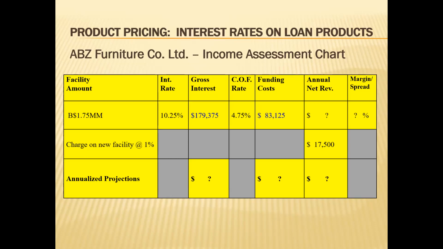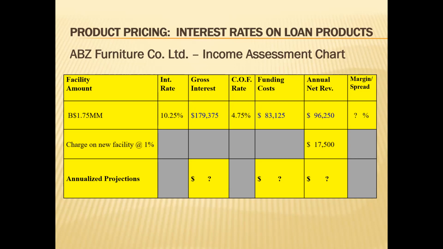Okay. Now the annual net revenue. How would we get the annual net revenue? The gross interest minus the funding cost. Yes, okay, so gross interest minus your funding costs, and that'll give you how much? 96,250.